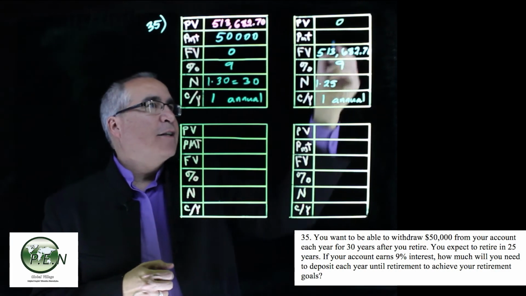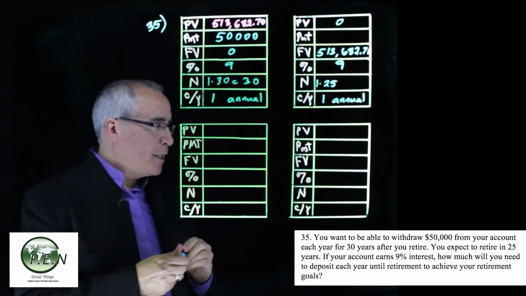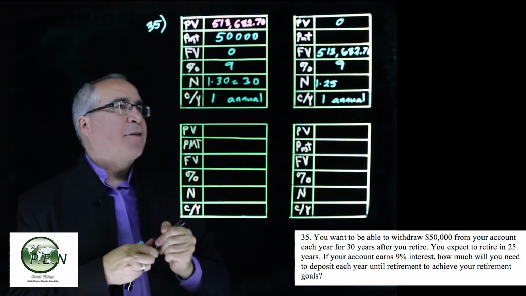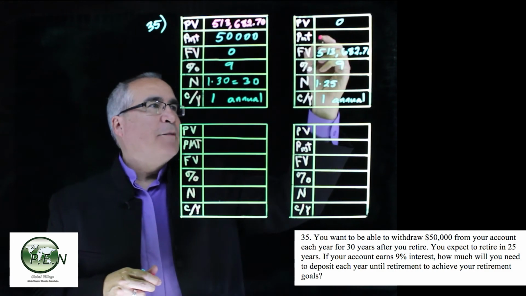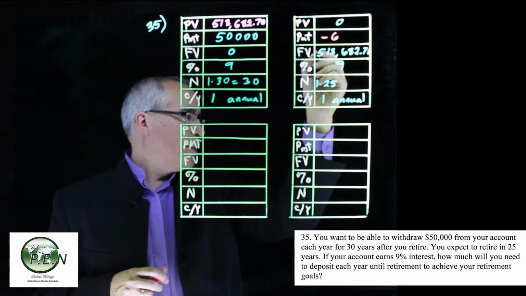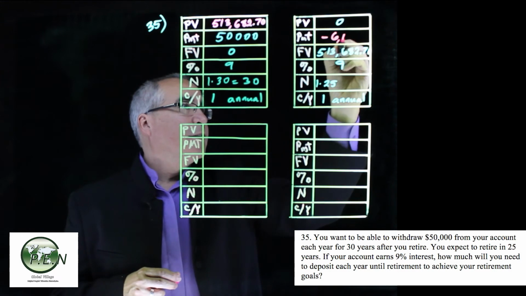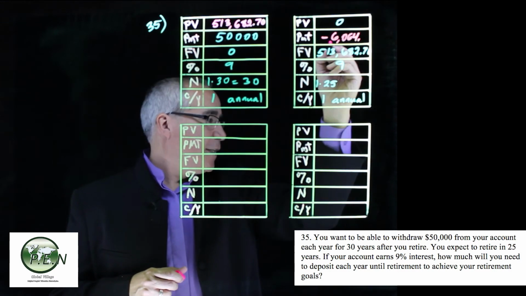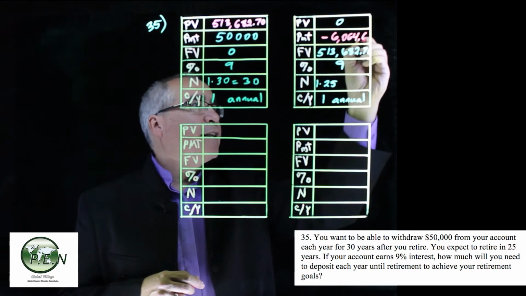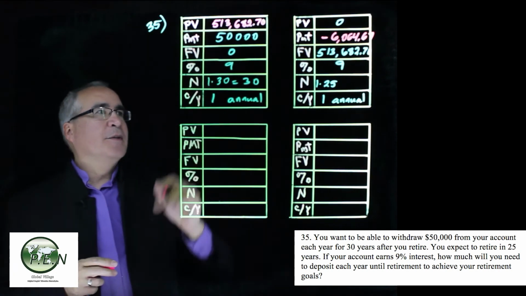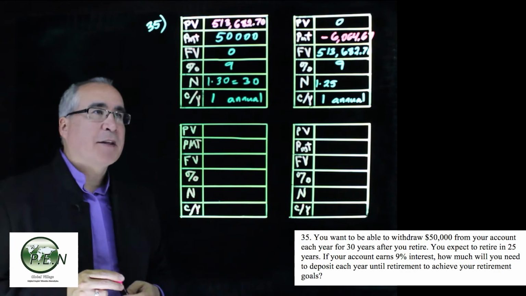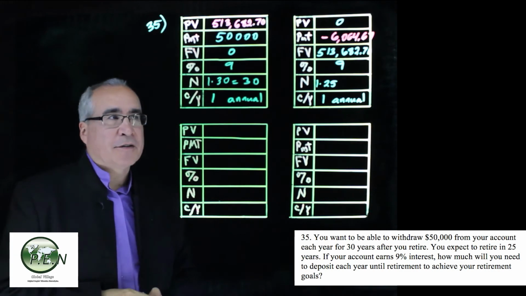Well, we don't have anything to start with, but we'll click on that payment key and we'll find out with these details, knowing our goal, that we'll need a payment of $6,064.67 every year for 25 years. Will then provide income of $50,000 a year for 30 years.